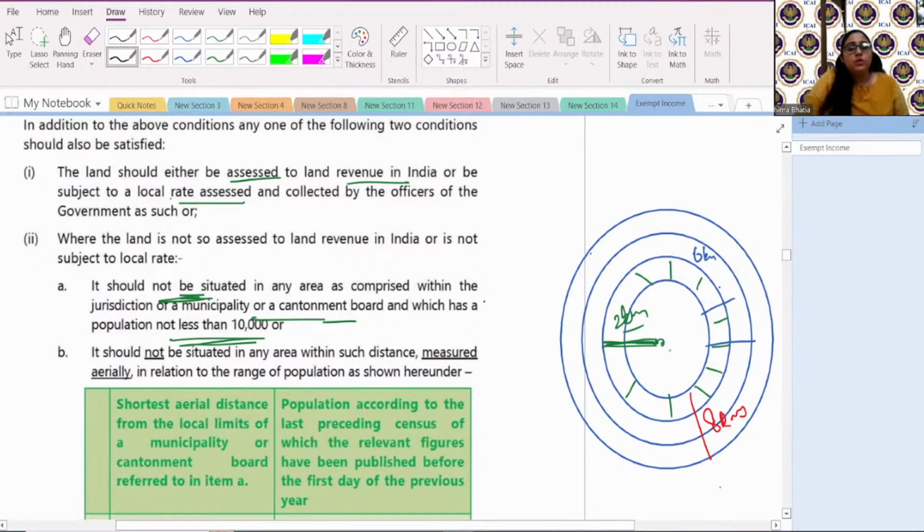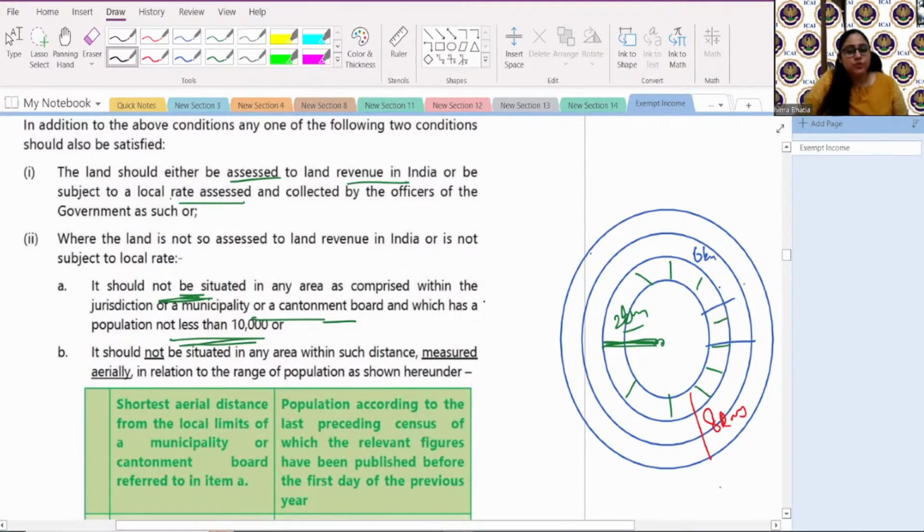If the population is more than 1 lakh but up to 10 lakh, of the municipality board, then if the land is within a 6 kilometer range, it would disqualify the farm building from being agricultural income. If the municipality board or cantonment area population is more than 10 lakhs, then the 8 kilometer area from the municipality board would also qualify as a disqualification area.